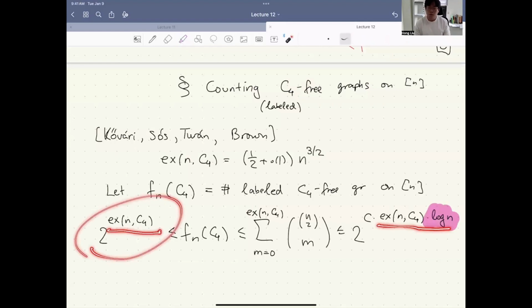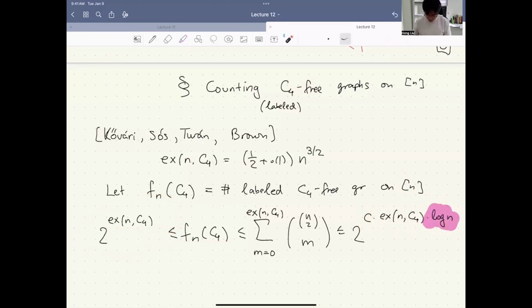Okay, so Kleitman and Winston's original application of their graph container is to remove this log n, to determine f_n(C4) up to the order of magnitude of this power, optimal up to the constant c.